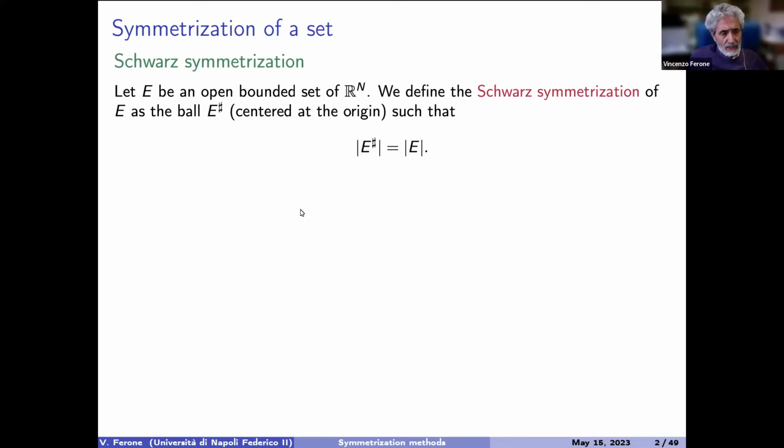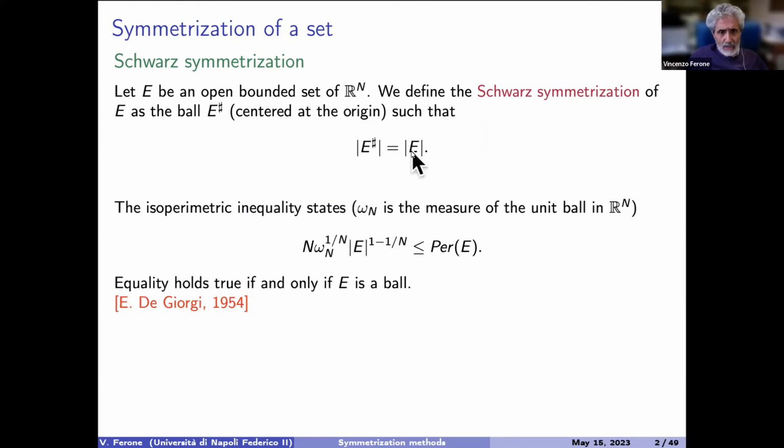The simplest way to symmetrize is what I will call Schwarz symmetrization, and it consists in taking an open bounded set E of Rn, and we say that E sharp is the Schwarz symmetrization of E. It is defined as the ball centered at the origin such that the measure of the ball E sharp is equal to the measure of the set E.